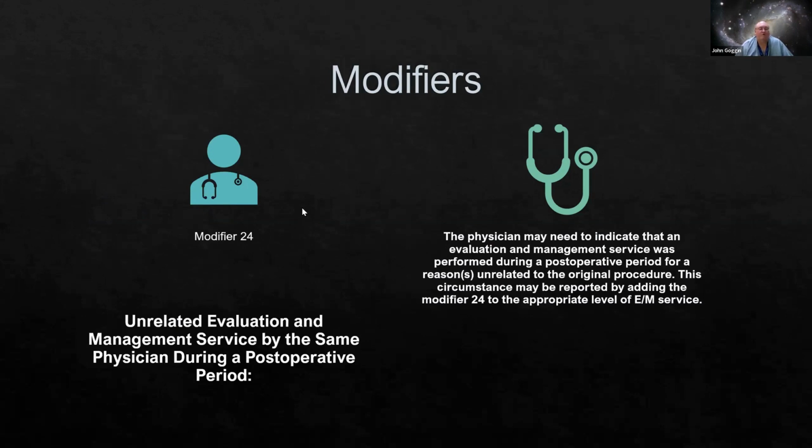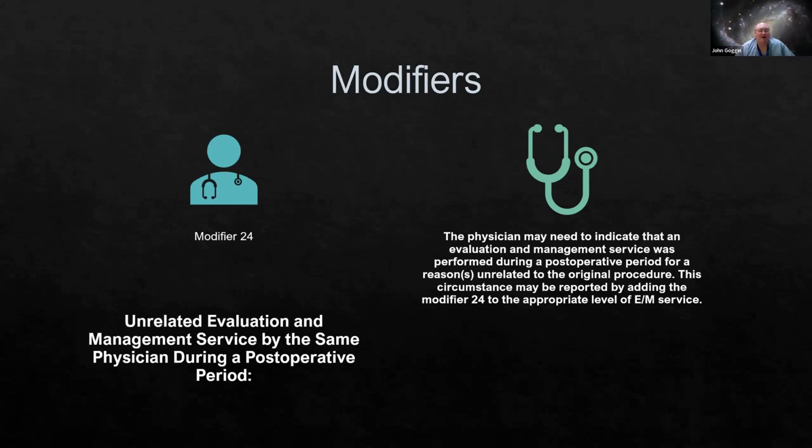So, for instance, if you fixed a patient's ankle fracture, that would put that patient in a 90-day global, which means that for the next 90 days, all care related to that ankle fracture is included in the surgical procedure. And then they came in and they had acute gout.